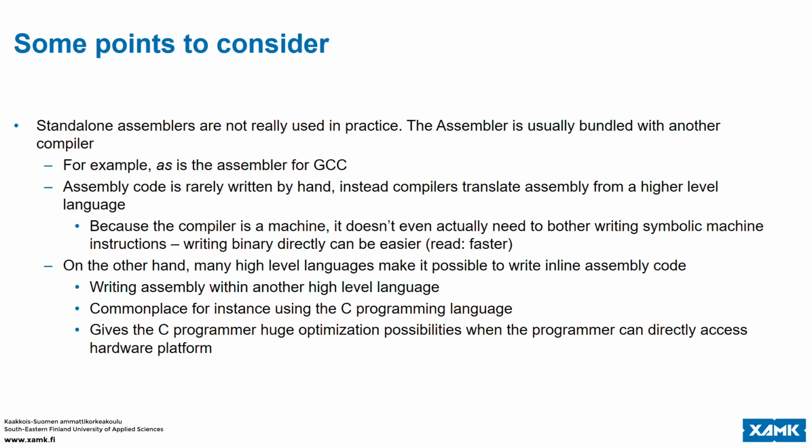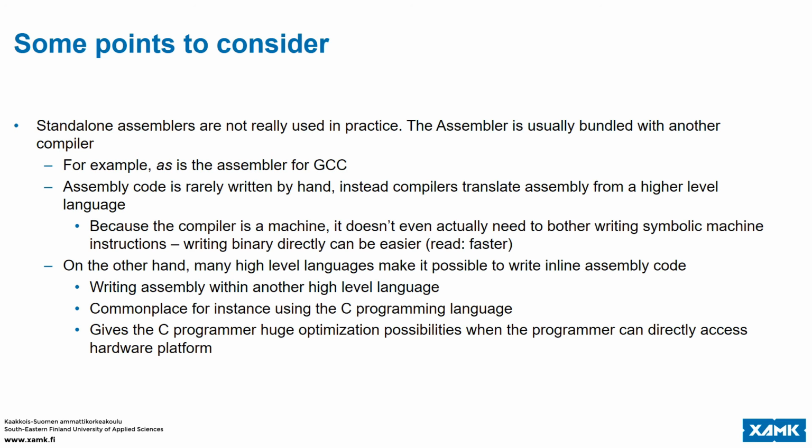Assembly code is rarely written by hand. Instead, high-level language compilers translate assembly from a high-level language. Because this compiler is a program, it's a machine, it doesn't need to bother writing symbolic machine instructions. It can write binary directly from a high-level language.